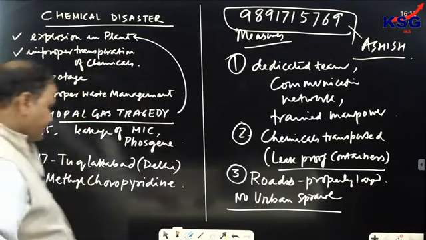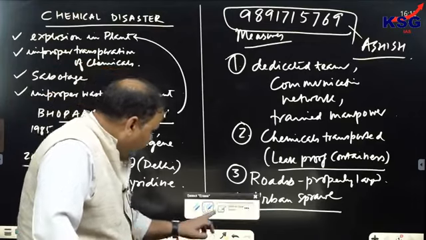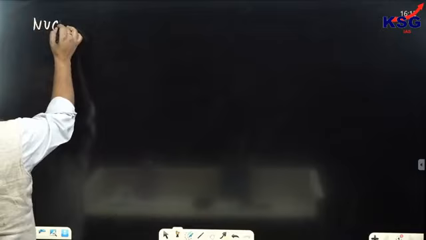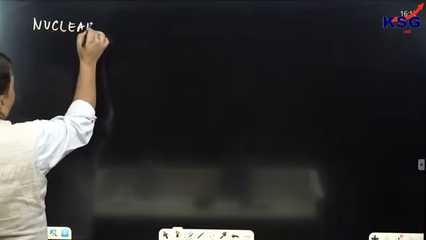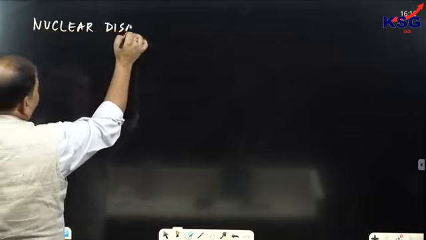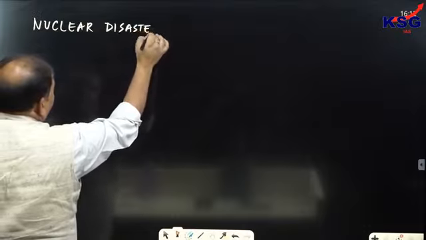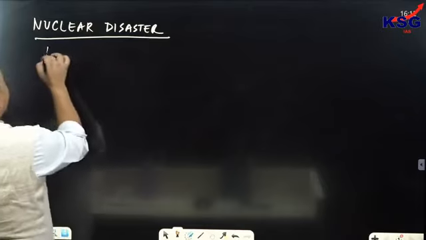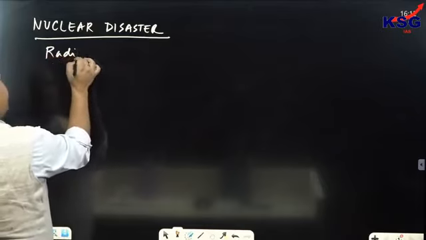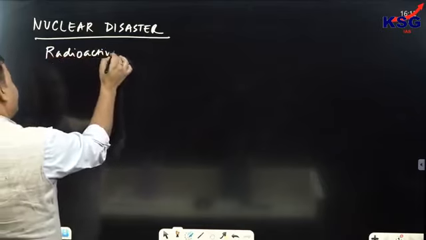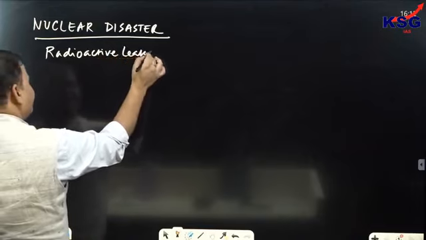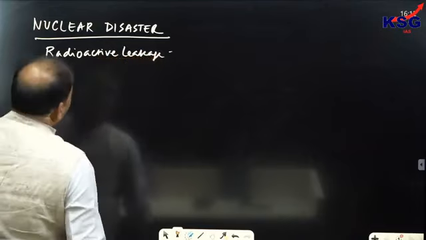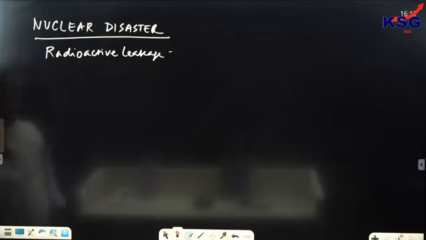Now see, as far as nuclear disaster is concerned, it mainly takes place due to radioactive leakage. That's the main reason behind nuclear disaster to happen.